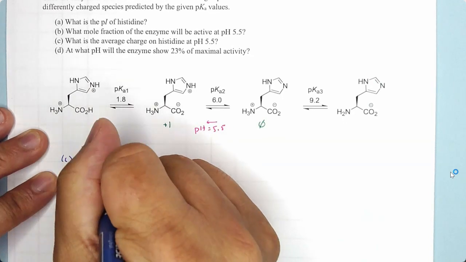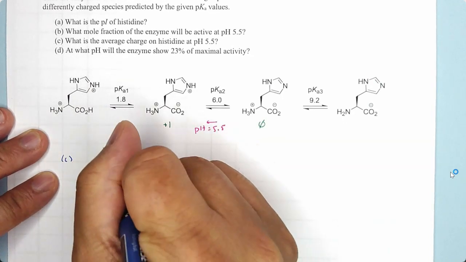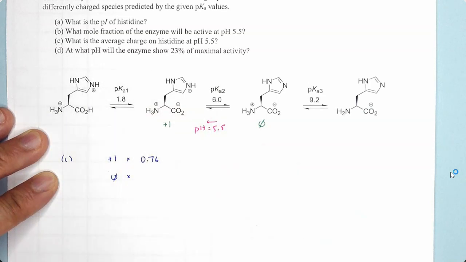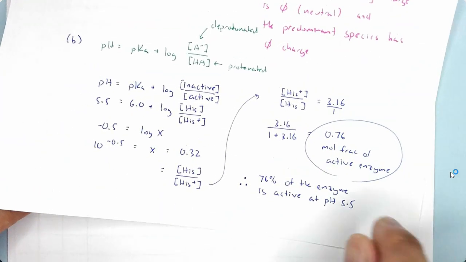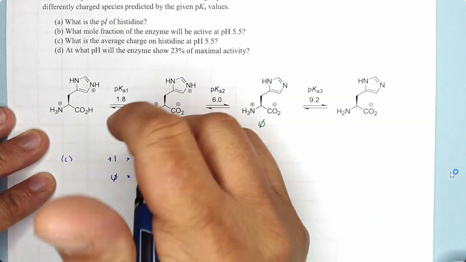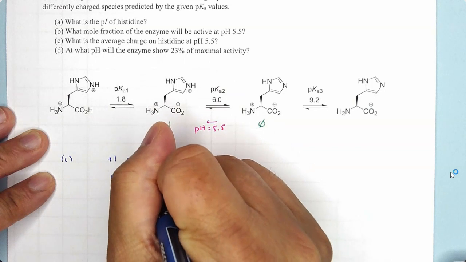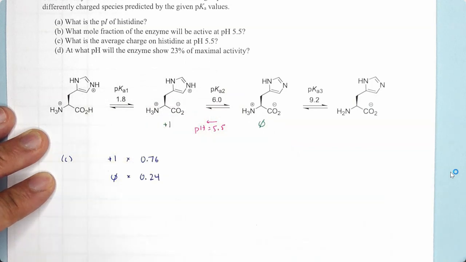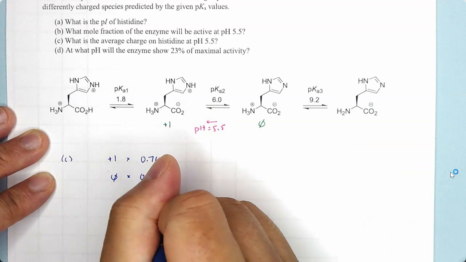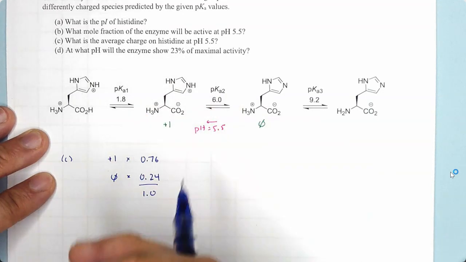And for the species that are 0, the mole fraction would be 1 minus this, so that is 0.224. This should equal 1.0. That's the whole.